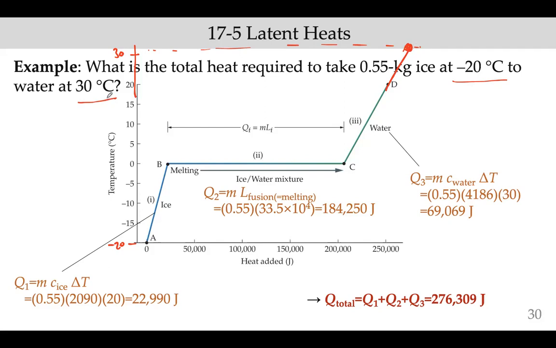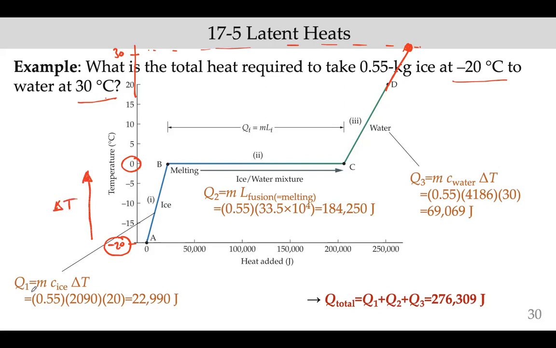How much energy would you spend? How much heat do you have to give to the system? First you have to take the ice at negative 20 degrees Celsius and get it to ice at 0 degrees. Now here, as you can see, you are changing the temperature.